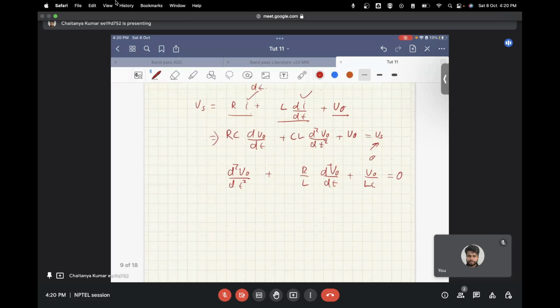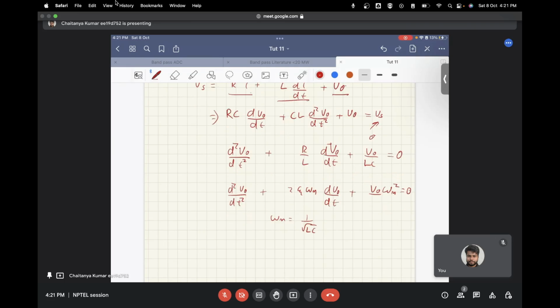And if you compare it with d square V naught by dt square plus 2 zeta omega n dV naught by dt plus V naught times omega n square is equal to 0, you get omega n as 1 by root LC.